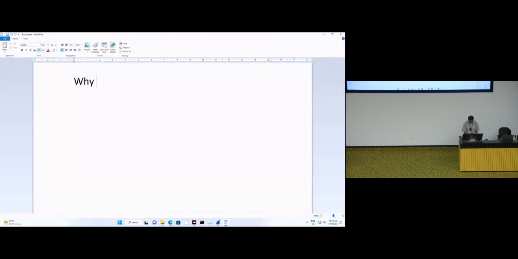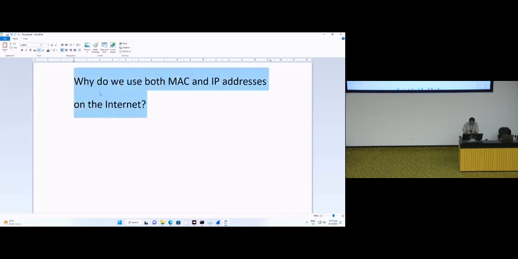Okay. The question is, why do we have, or maybe the have is the wrong word. Why do we use both MAC and IP addresses on the internet? I don't like this. It's using too much space.